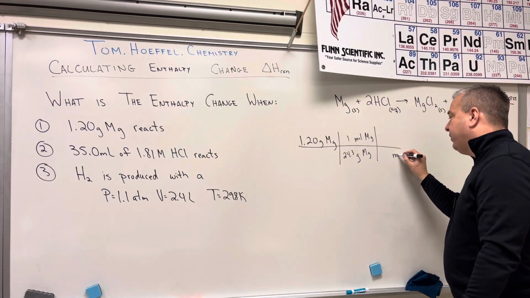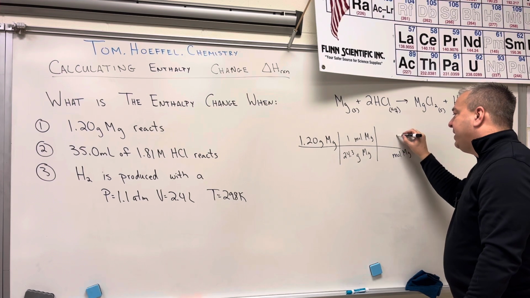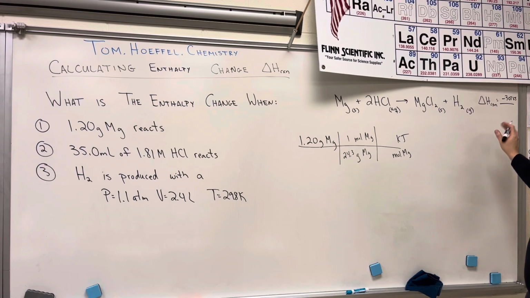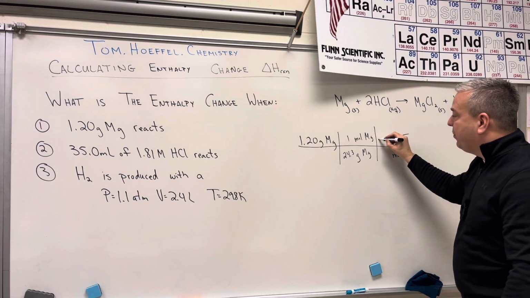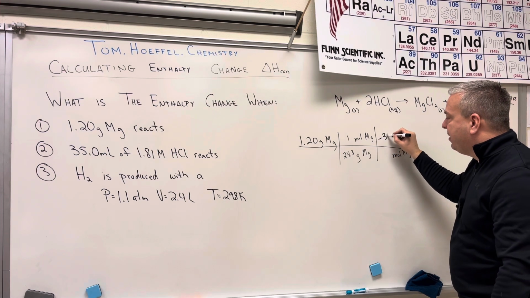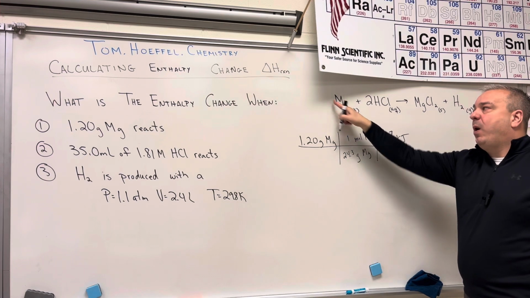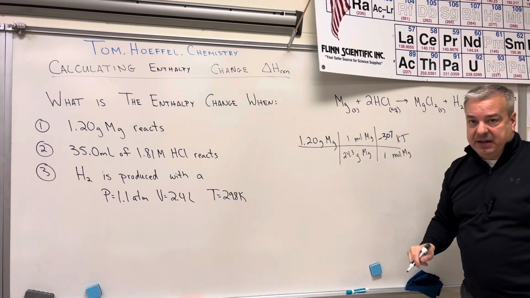I am then going to convert the moles of magnesium into energy using the information that I just calculated. It tells me that negative 307 kilojoules of energy is released when 1 mole of magnesium reacts.